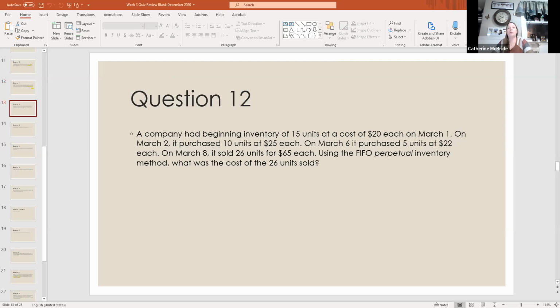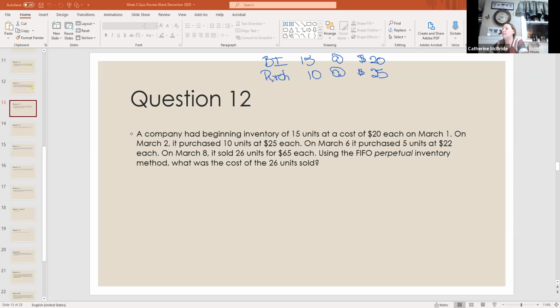All right, so we have to draw our inventory table again here. So a company had beginning inventory of 15 units at $20 each on March 1st. On March 2nd, they purchased 10 units at $25 each.